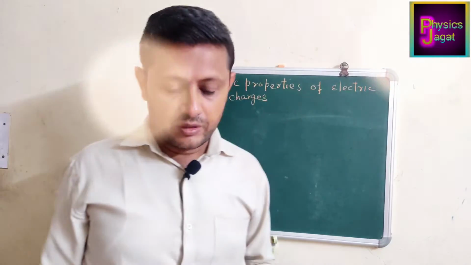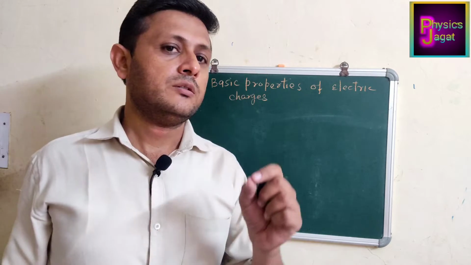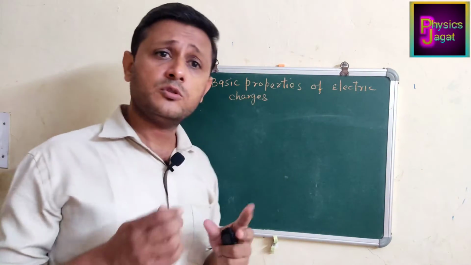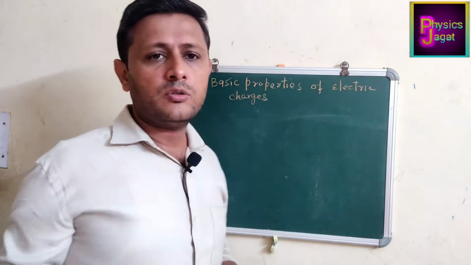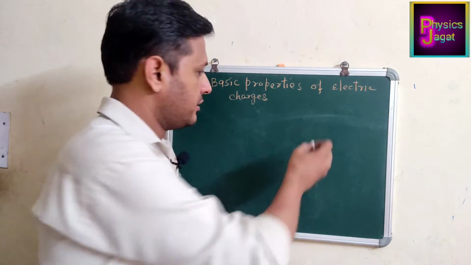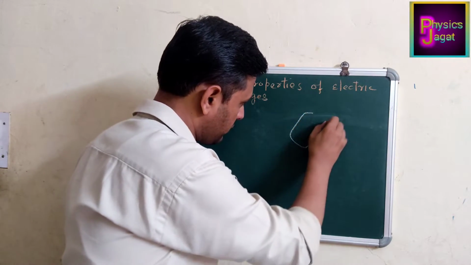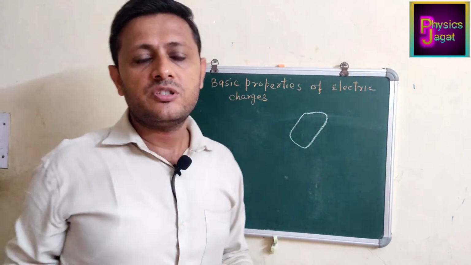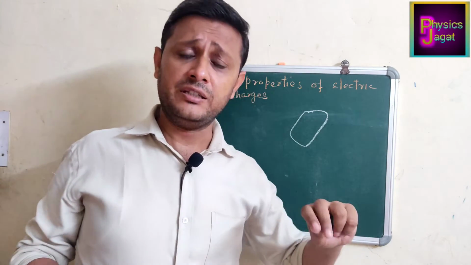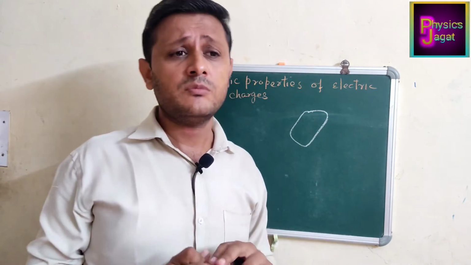But before that, I want to say a few more words about charges. If I take a system of two charges, system means you can take plastic, fur, whatever. If I take one plastic rod, generally it is not possible that it has only two charges; there are more than two charges.